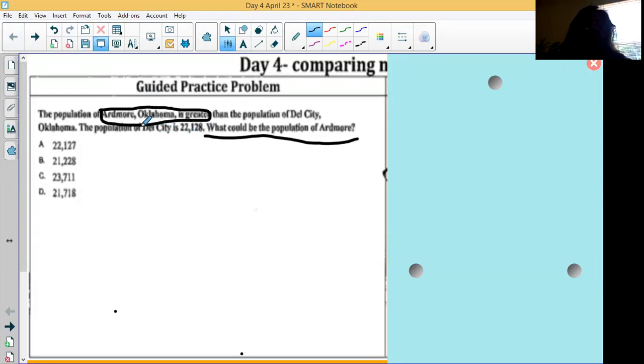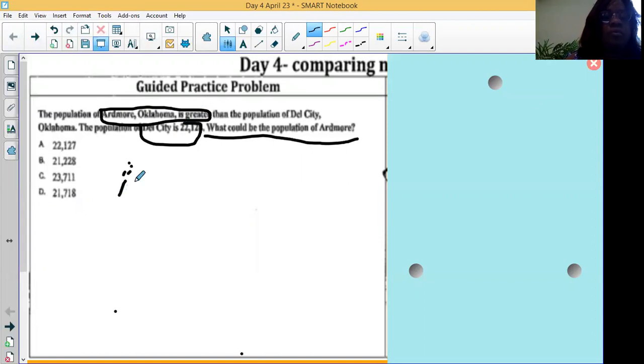The population of Dale City we know is 22,128. We know that the word greater means bigger, so it's your largest number. So I'm looking for a number that is greater than. So I know that A, which is going to stand for Ardmore, has to be greater than Dale City.